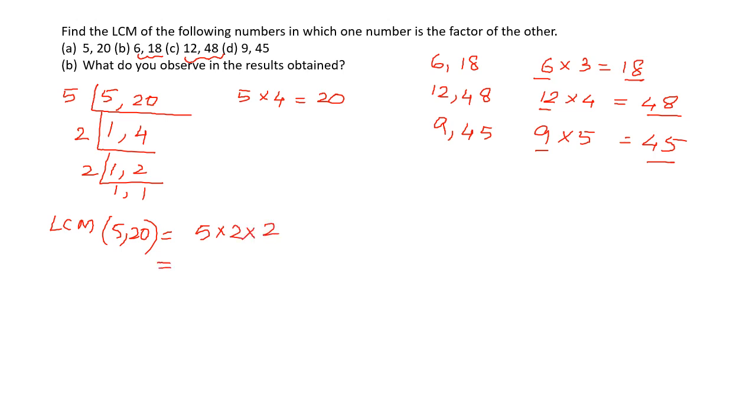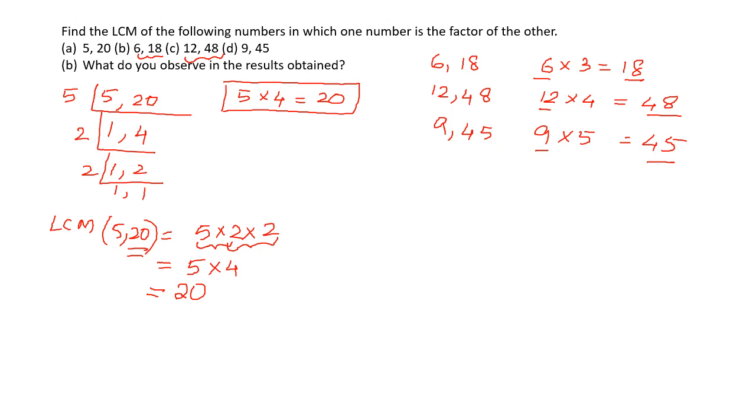What is the answer? 5 into 2 is 10, into 2 is 20. Or if I take 5 into 4, do you see here? 5 into 4 is 20. That is equal to 20. So the bigger number, whatever is given, 5 and 20 was given, the bigger number becomes the LCM.